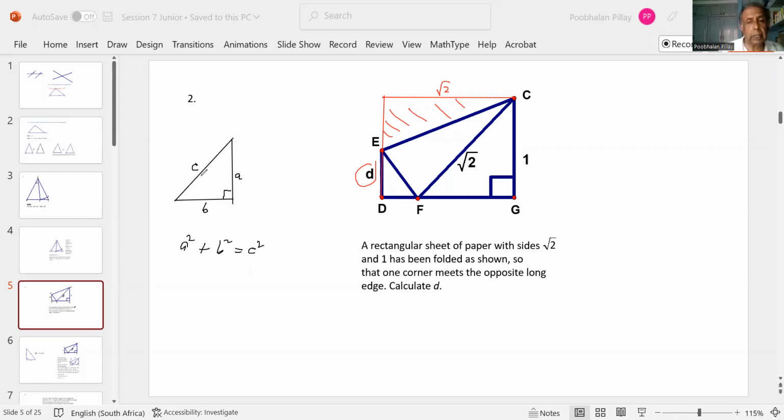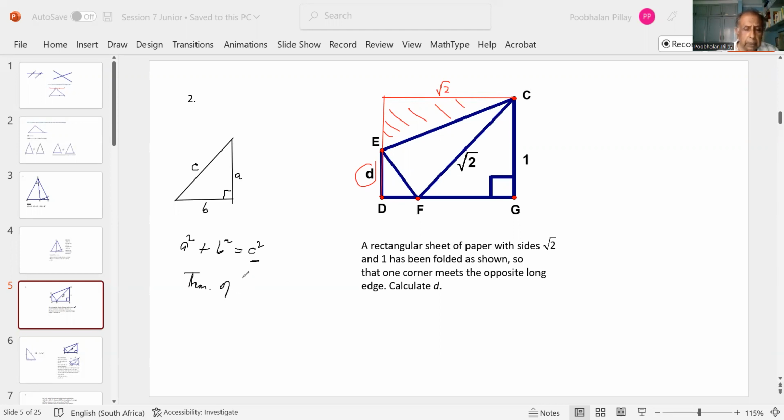The hypotenuse is opposite the right angle. It happens to be the largest side. So the square on the hypotenuse is equal to the sum of the squares of the other two sides. That is the theorem of Pythagoras.